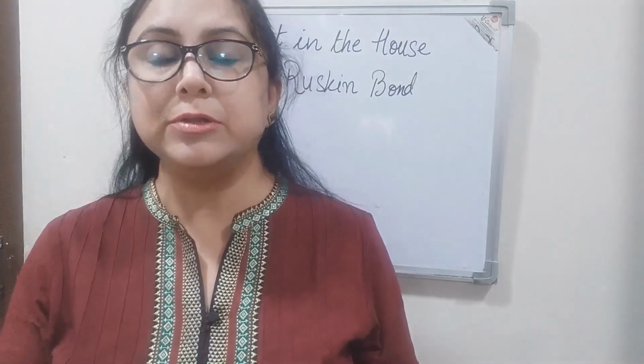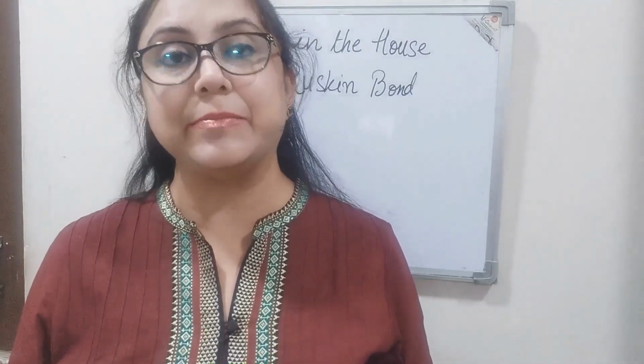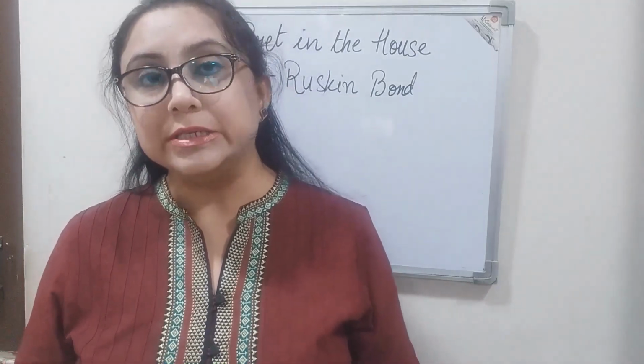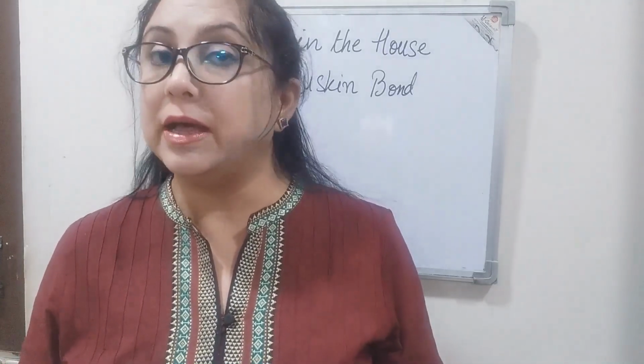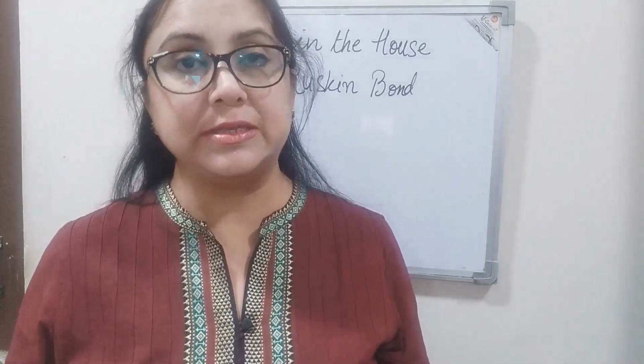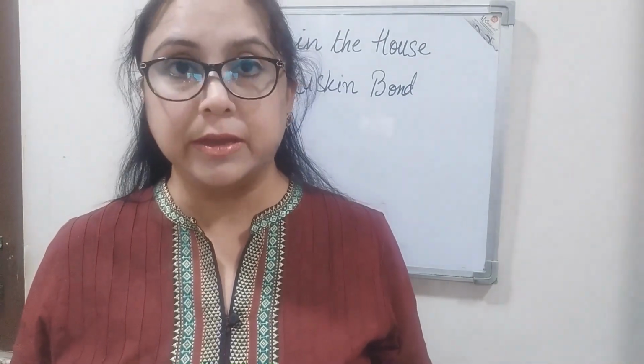So the people from this PWD department came and they cut off the tree. The huge peepal tree was cut. And therefore, this ghost, this Pret, became homeless. Now he had no home, right?